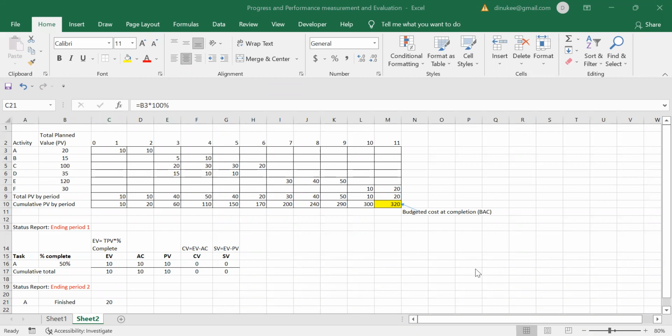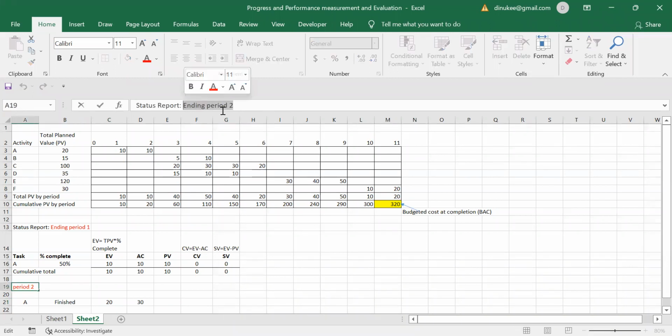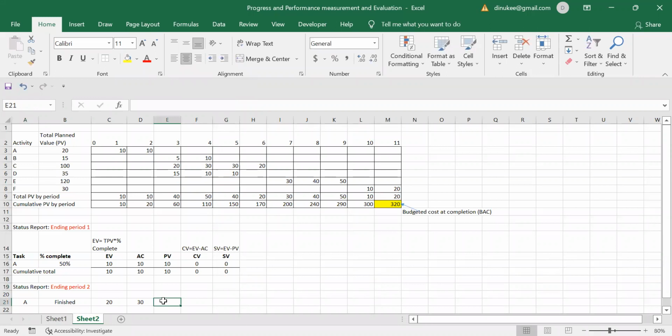Right. The actual cost will be given to you, and you have to assume the planned value. So the actual cost is 30, and I'm asking you to calculate the planned value. Now our status report is ending period 2. So at the end of period 2, what is the planned value? Can anyone tell me?